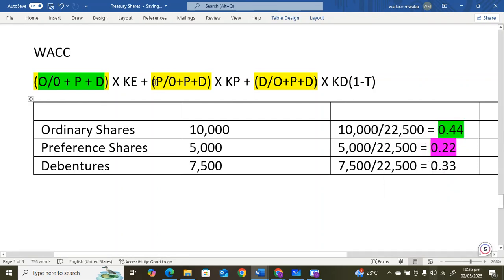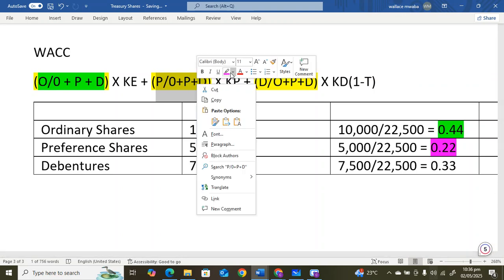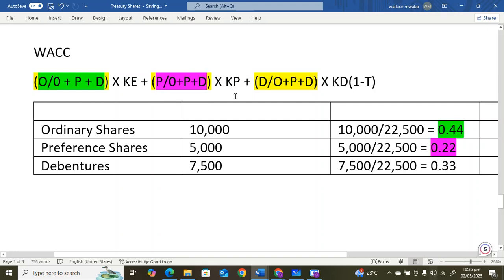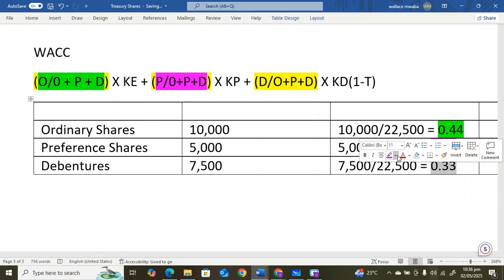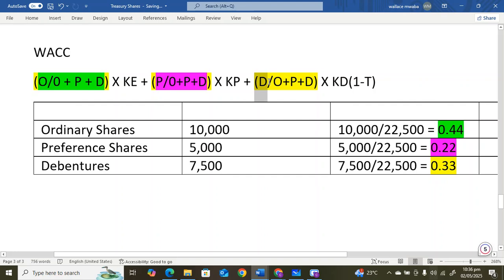For preference shares, where you see P over O plus P plus D, that is the weighting for preference shares. For the debentures, where it's D over O plus P plus D, that's where you will substitute 0.33. Are we okay with this, colleagues?